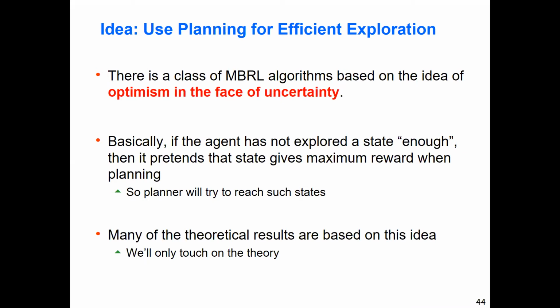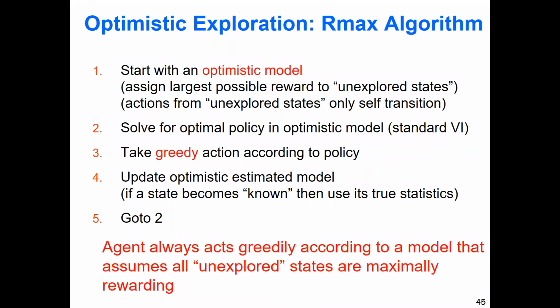MDP optimally. So the first major success in theory for model-based reinforcement learning was to solve the exploration problem. It uses the idea of optimism in the face of uncertainty, and it leverages planners to plan your exploration. And this is very simple. We're going to start with an optimistic model.